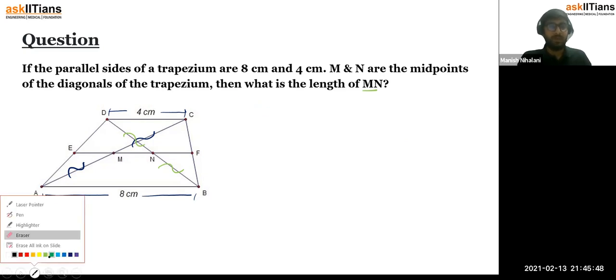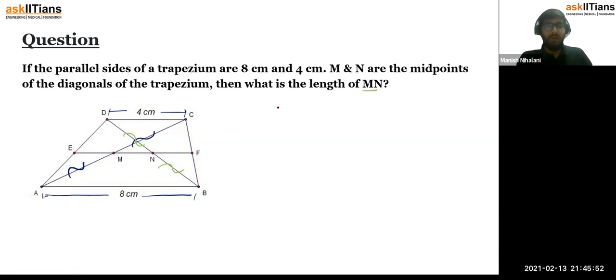Let's see. So you would say consider triangle ADC. So inside this trapezium, you have a triangle ADC in which M is the midpoint of AC.